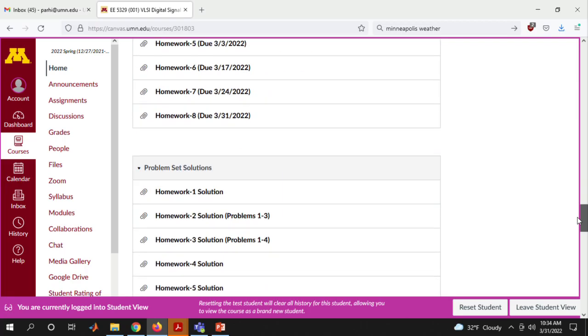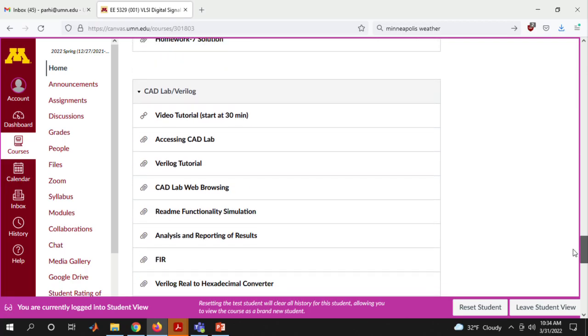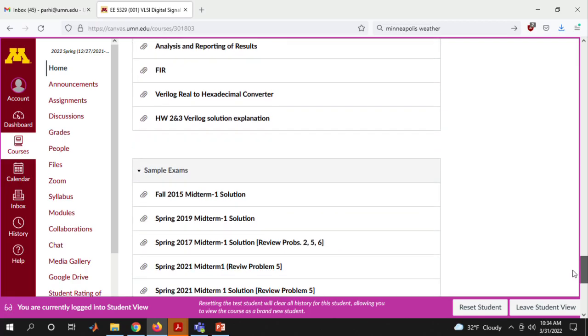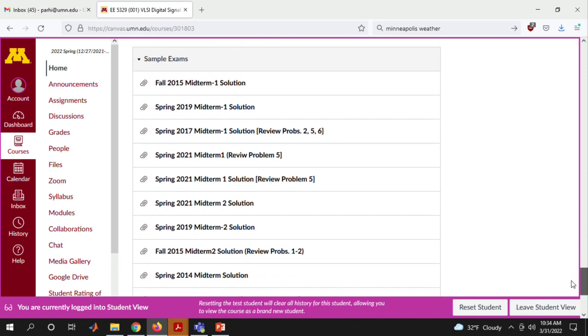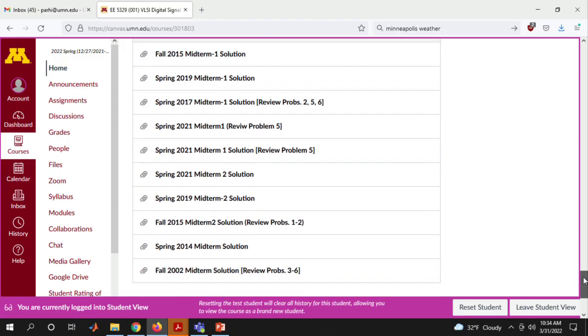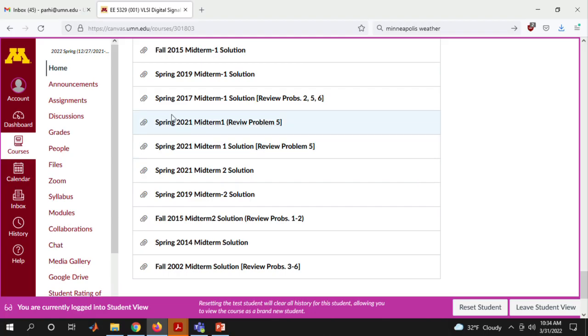By the way, I've made all the sample exams visible to you. So don't worry about the first two links. We don't need to review that, but in a way, review these problems from 2017, 2021 midterm.